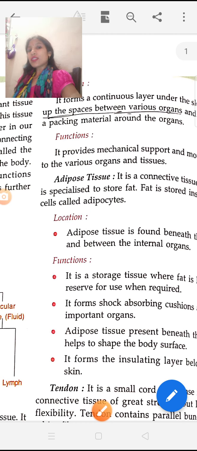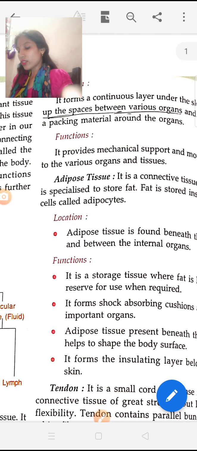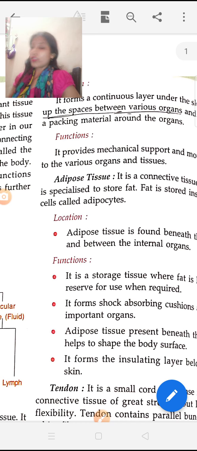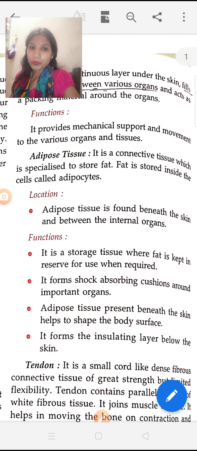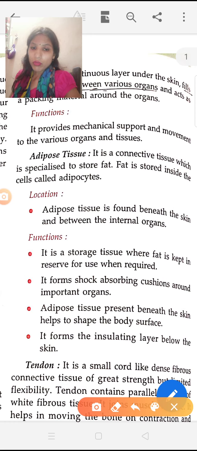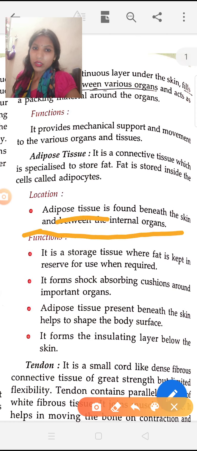So inside this space, the fat is stored, right? Again, adipose tissue is of two types: I can say the yellow fat and the brown fat. They are categorized so. As for the location, adipose tissue is found beneath the skin and between the internal organs. Then the functions you can just read out from your book.